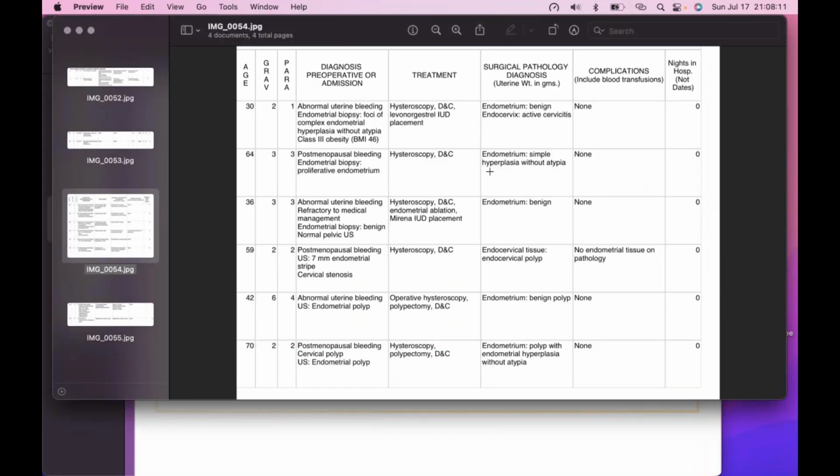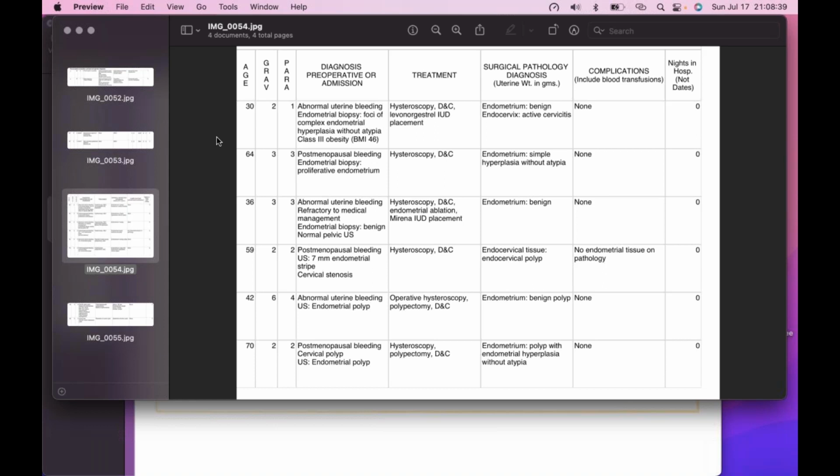All right. So basically, I have the patient who is a 30-year-old G2P1 with abnormal uterine bleeding, and it looks like they had older terminology, but complex endometrial hyperplasia without atypia. Note that sometimes now we're using more of EIN, endometrial intraepithelial neoplasia. They also have class 3 obesity, which looks like it's defined here.